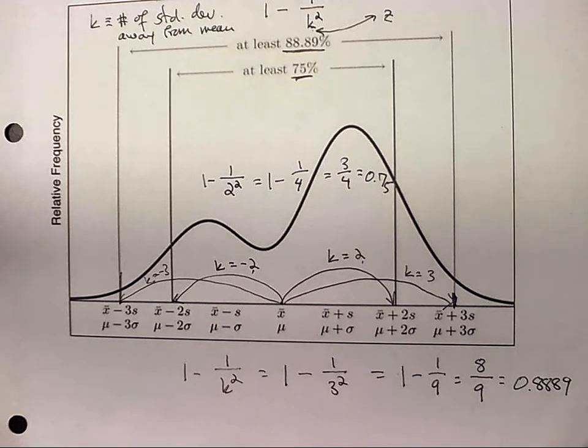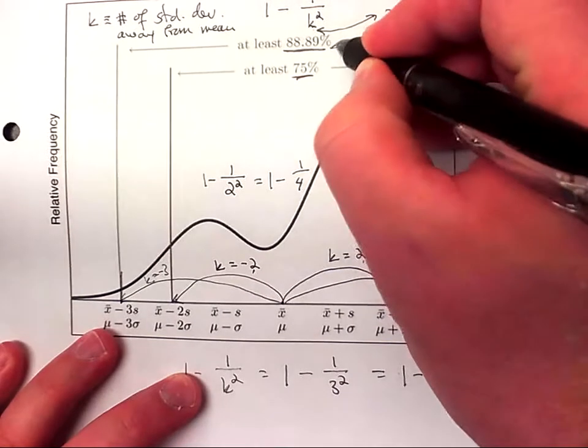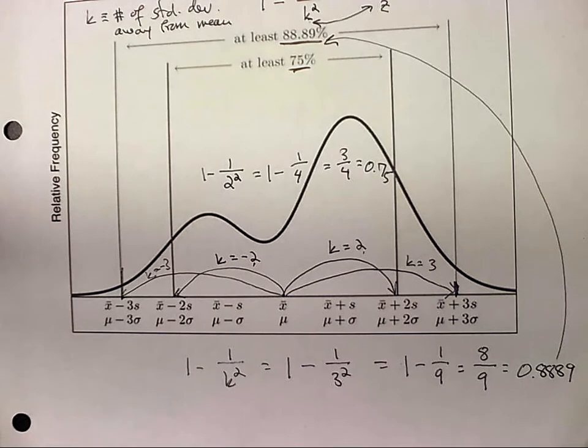Or if you round it, we're going to end up with 0.8889. Everybody good with 0.8889? So then again, if we convert this into a percentage, we get 88.89%. Everybody good with how we're getting these percentages?